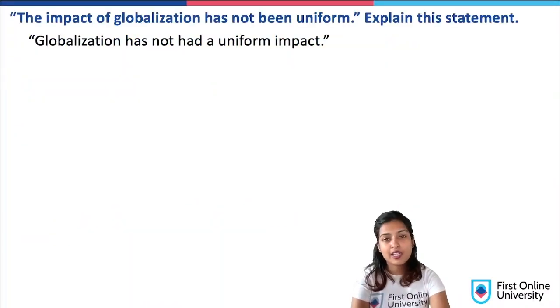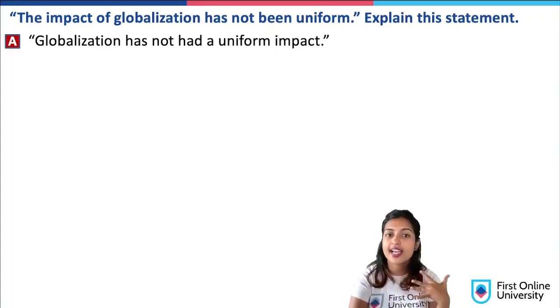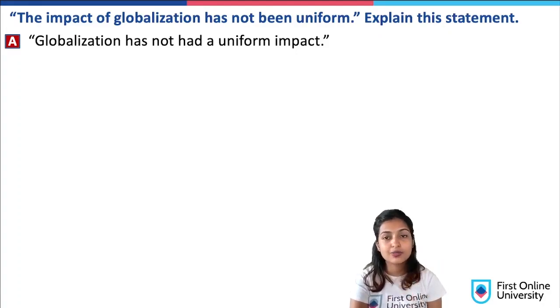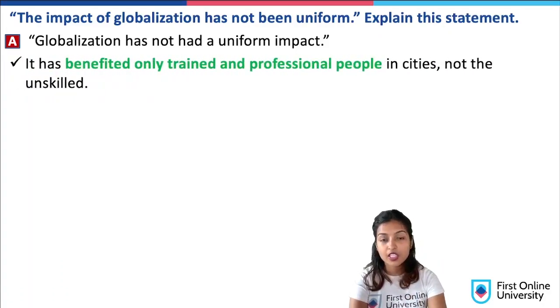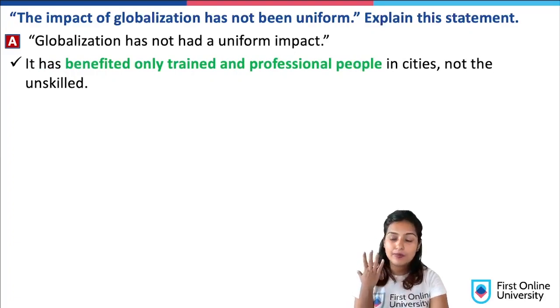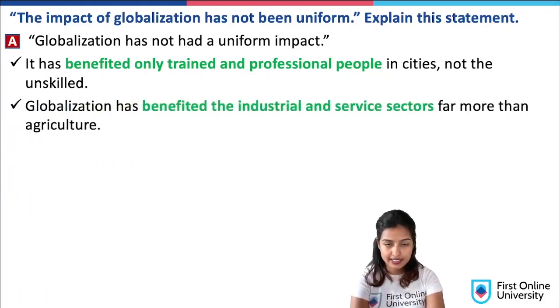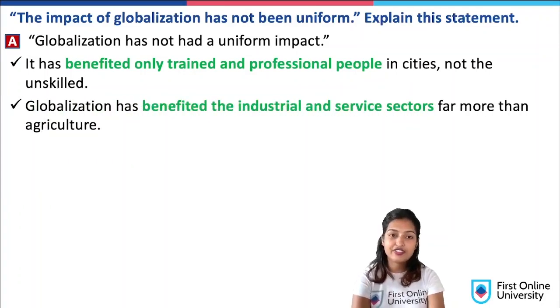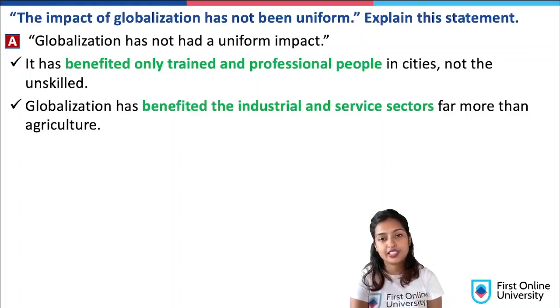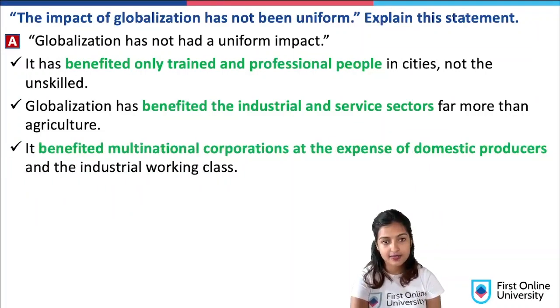The impact of globalization has not been uniform. Explain this statement. Globalization has not had an equal impact on all sectors, and let us go on to explain this particular statement. So, it has benefited only the better educated, the better skilled, and the better trained people in cities. And it has definitely benefited the industrial and the service sectors, and it has not benefited the primary or the agricultural sector.